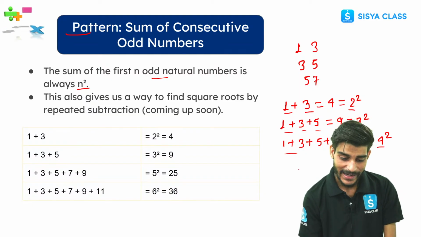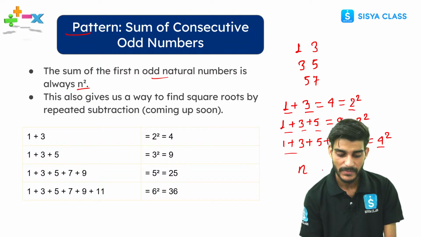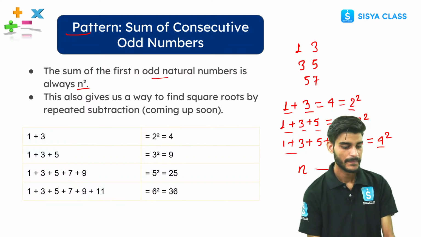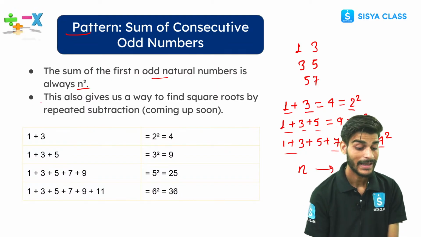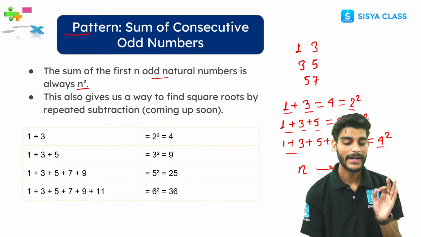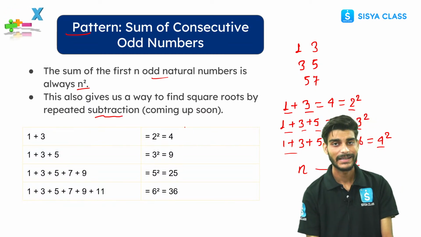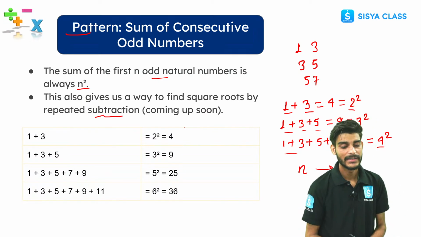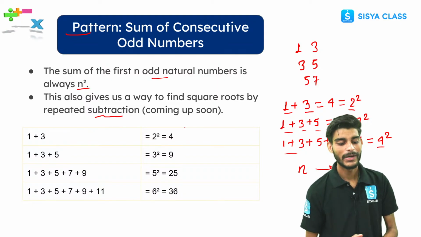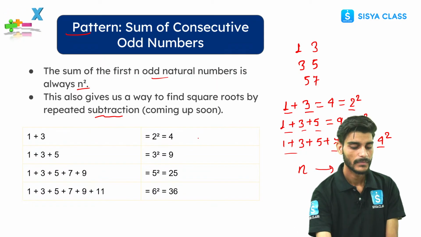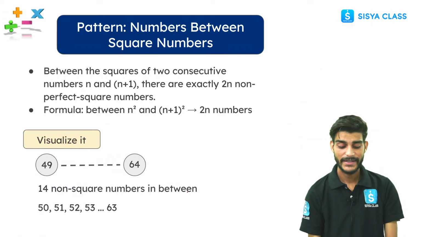So if I add n consecutive odd numbers, it will be n square. This pattern is clear to you? This also gives a way to find square roots by repeated subtraction. We'll see this in finding the square roots, a method called repeated subtraction that we'll see later on. Clear? This was pattern number 1.